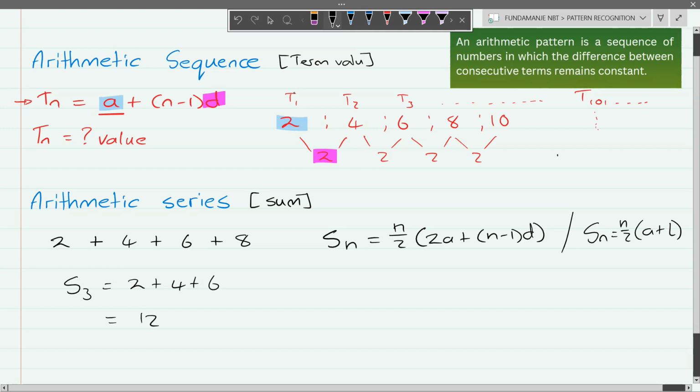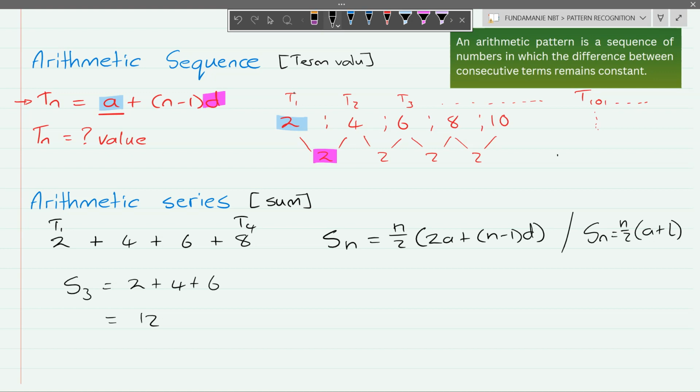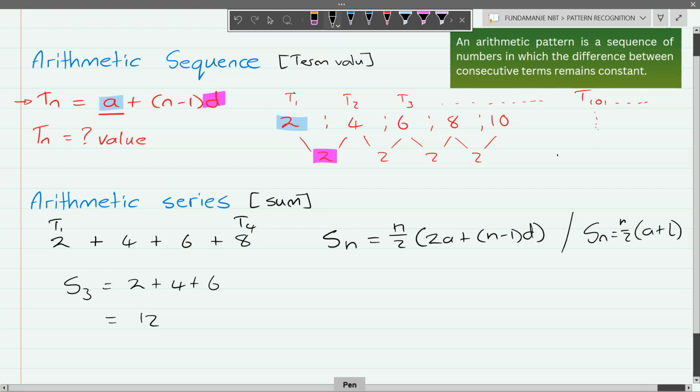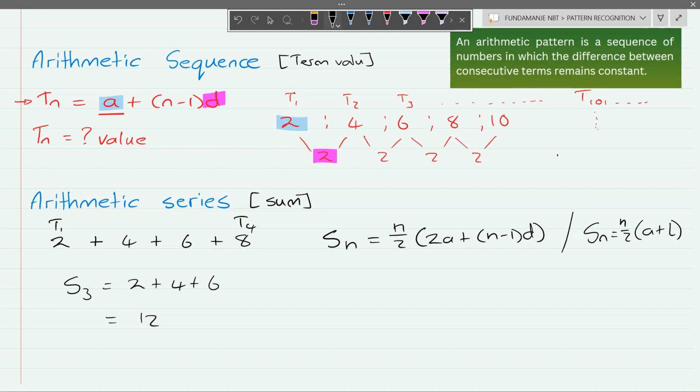So let's say you wanted to sum up from term number 1 to term number 4. You would basically substitute how many numbers you're trying to add up, which is n, that would be represented by 4. And you have a, which would be the first term as well.